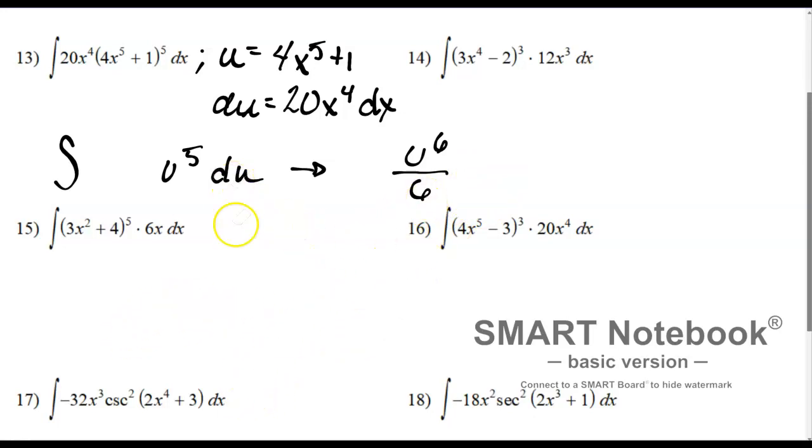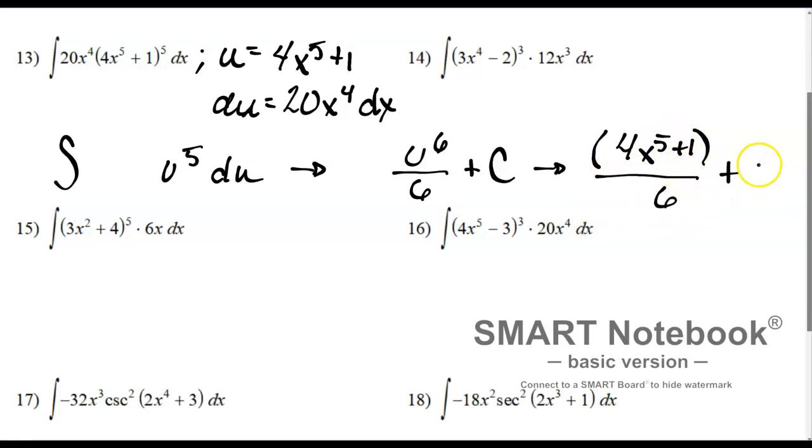Actually, it wasn't there, it was over here. Okay, there we go. My brain's waking up now. So now we can apply 4x to the 5th plus 1, that to the 6th, over 6, plus c.